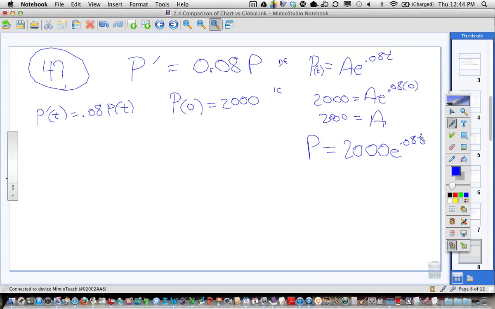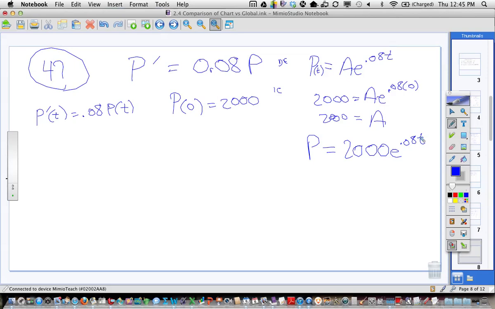But what it doesn't do is help you find how much money you have at a certain time, because there's nowhere to plug in the time. So that's why you need the solution to the differential equation, because that's the one that lets you find specific values. So differential equations model physical situations really well, but they don't help you solve those situations very well. So when we have the solutions to them, then we can use that.